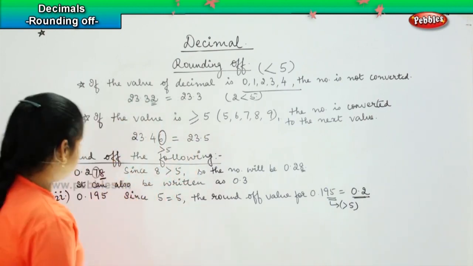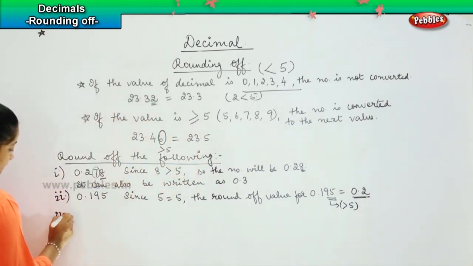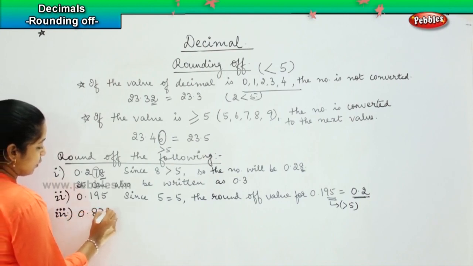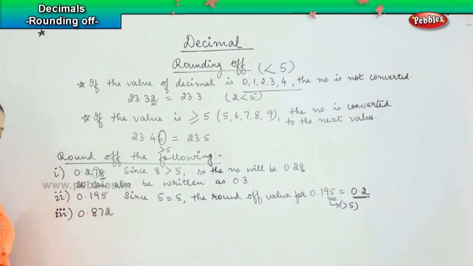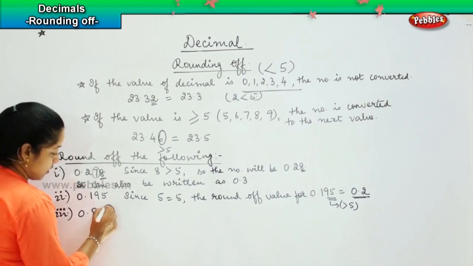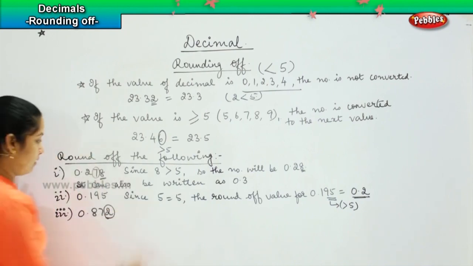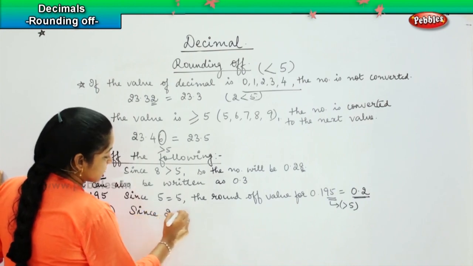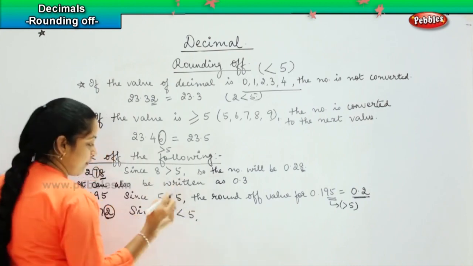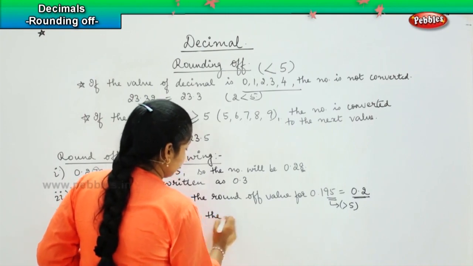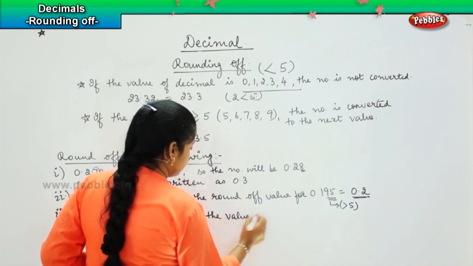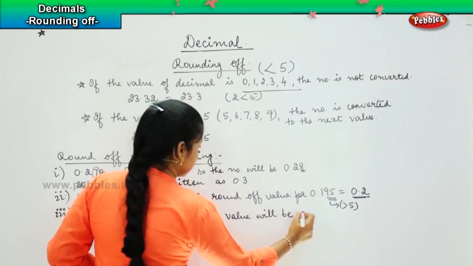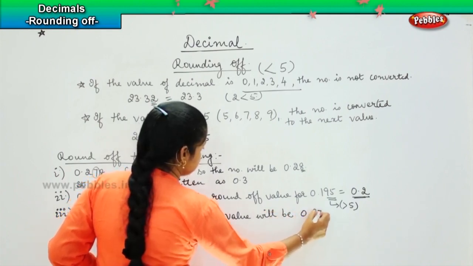The question says 0.872. You have to see the last value. Now this value is 2. So since 2 is less than 5, the value will be 0.87.